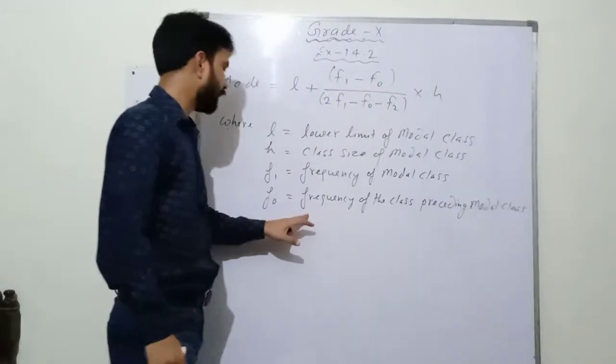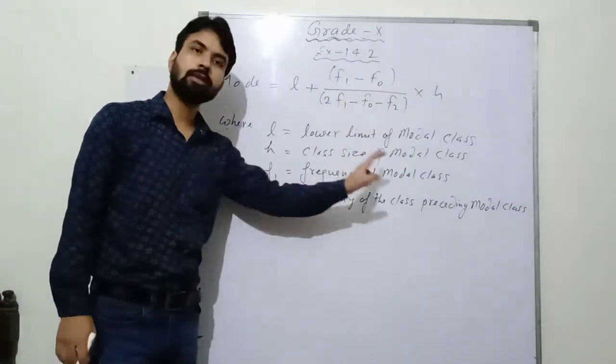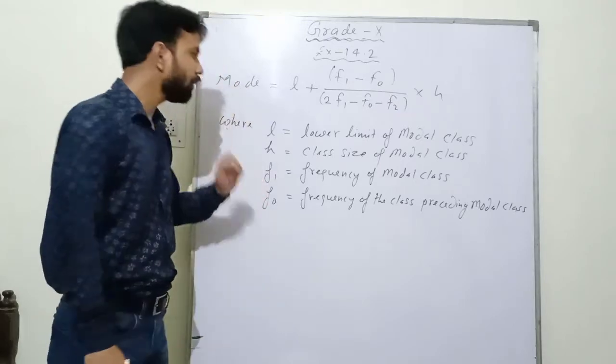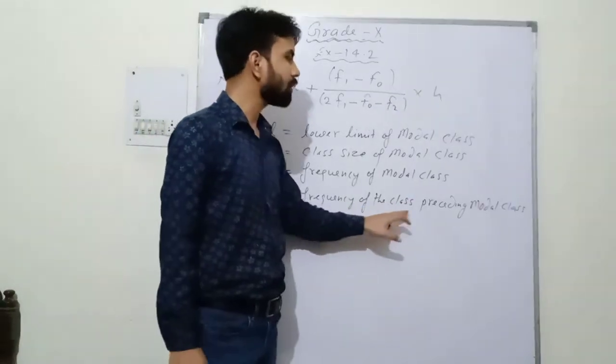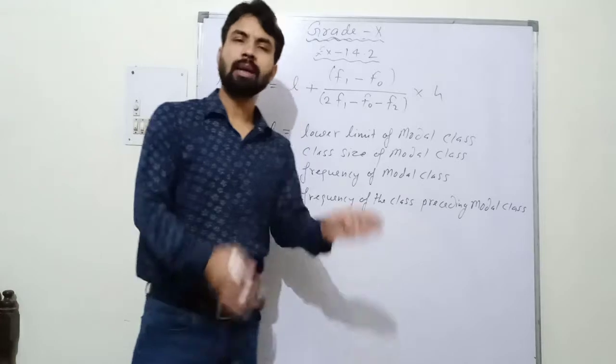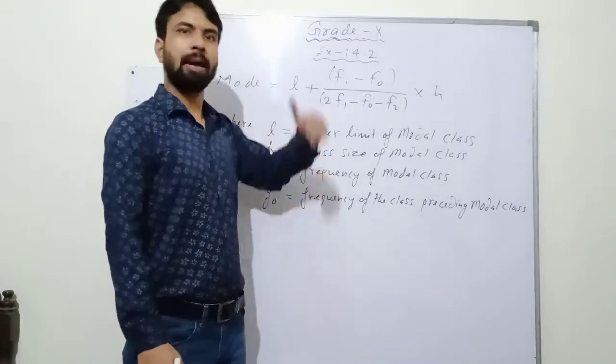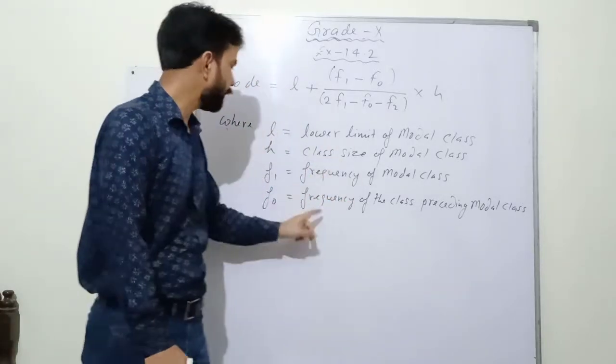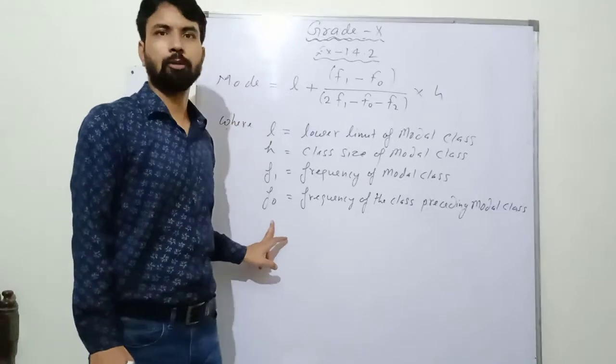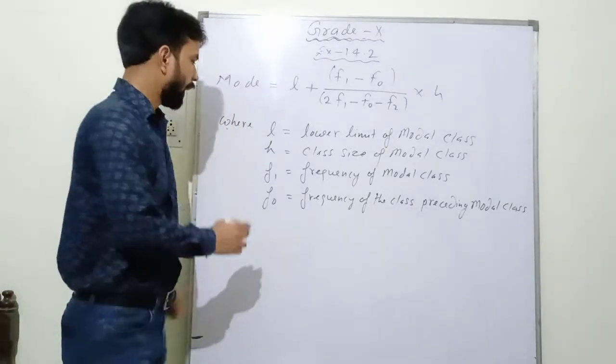What is the meaning of this sentence? F1 is the frequency of the modal class and F0 is the frequency of the class preceding the modal class. मतलब मॉडल क्लास से पहले वाला जो क्लास होगा उसकी फ्रीक्वेंसी को हम F0 बोलेंगे. Understood?